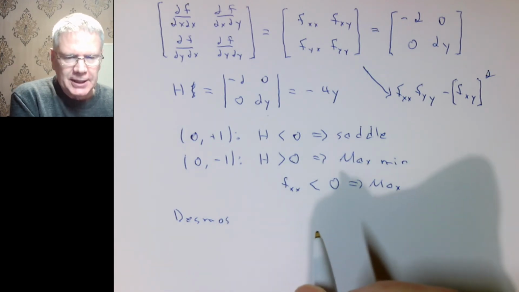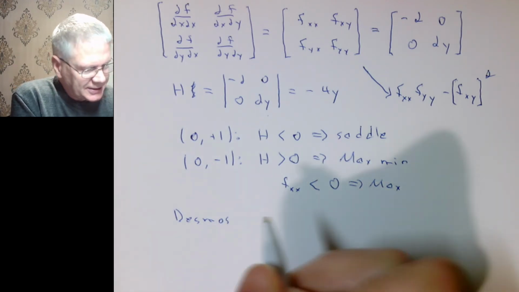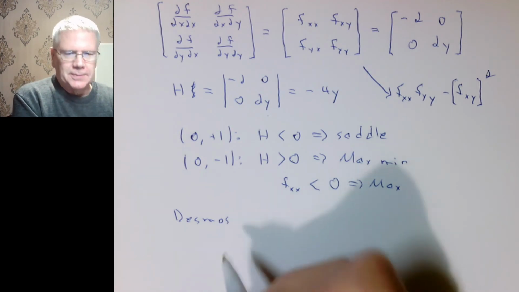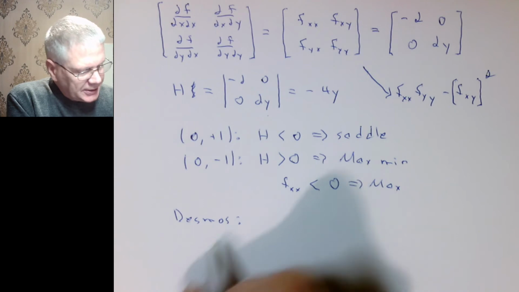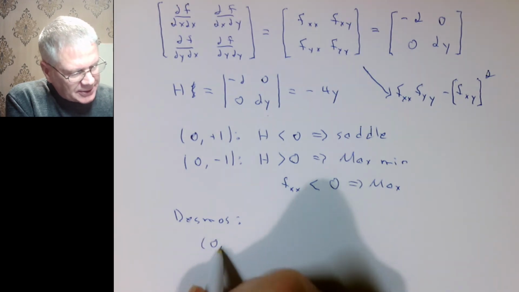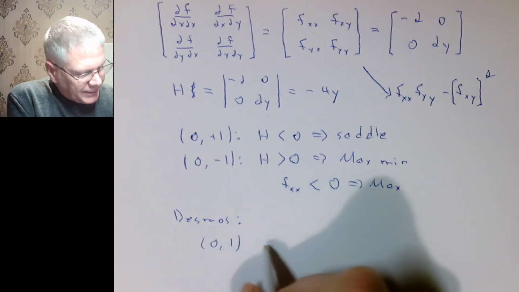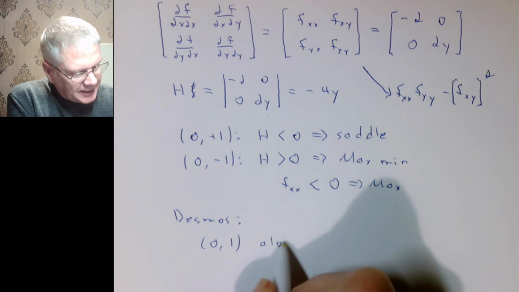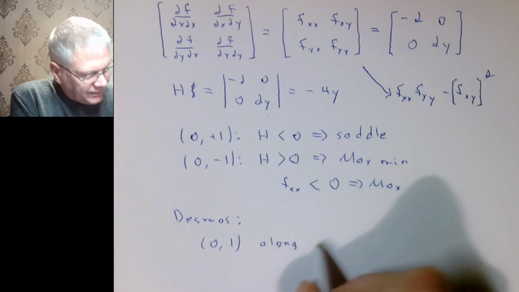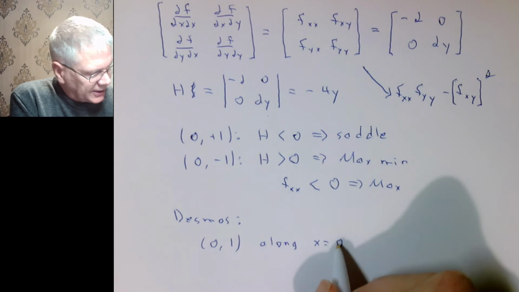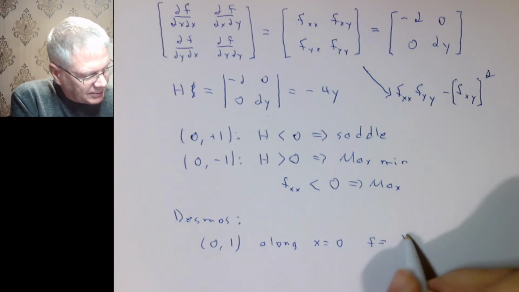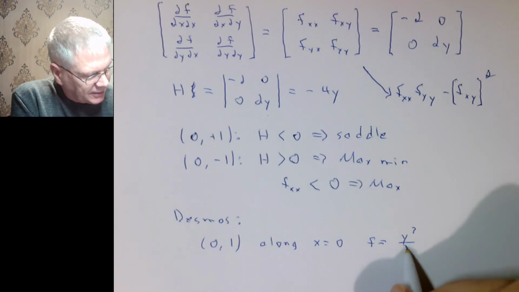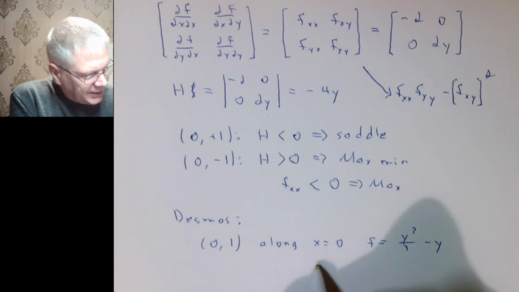It's a little hard to visualize this, because I've not found a good graphing routine online for 3D graphing. The ones that exist, I've looked at in other problems, haven't been too enlightening. But we can look at this in Desmos. Here's 0 and 1. If I let x equal 0 and I go in that direction, along that line, f is going to be y cubed over 3 minus y.